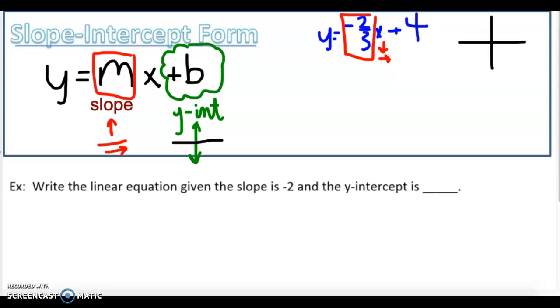But I need to know where I'm starting first, and I do that by looking at my y-intercept. And my y-intercept is at positive 4. So we'd be going up 4 units on the y-axis, putting a dot, and then from that point we're going to graph our slope. So down 2 and to the right 3, down 2 and to the right 3.